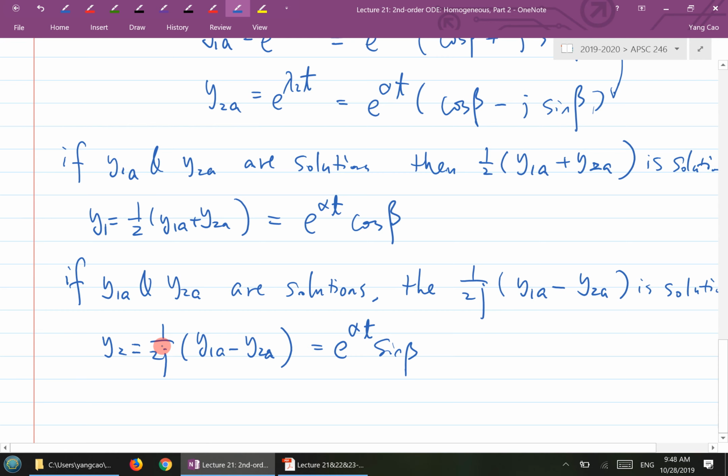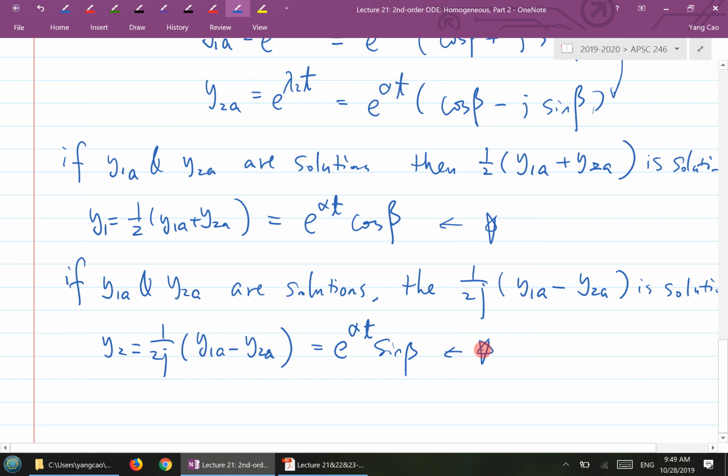So these two operations give you another two particular solutions. The good thing is, these two particular solutions are all real functions now.